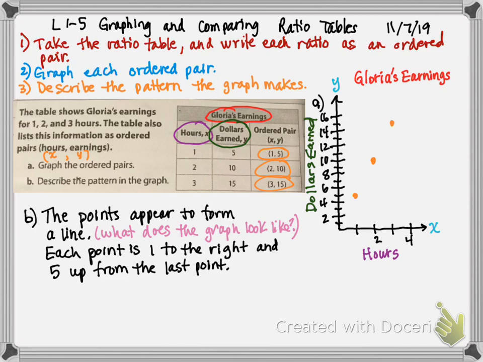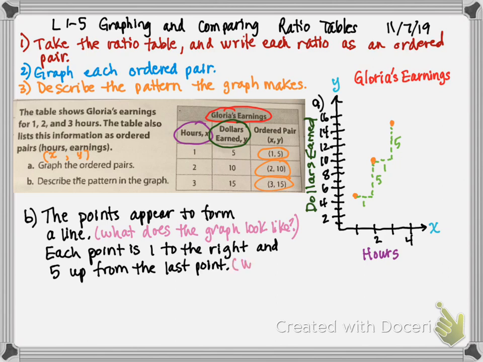Now you might say, how on earth did you get that? Well, if I look, I move 1 to the right and I move 5 up. I moved 1 to the right and I moved 5 up. That's where I'm getting that idea from. So what am I answering here?